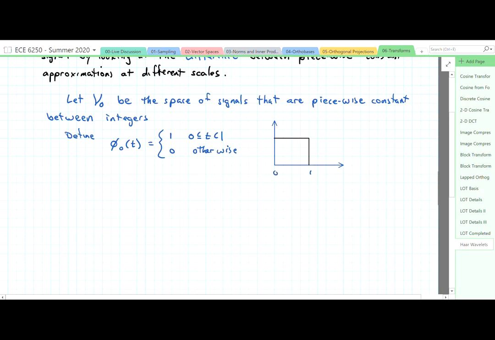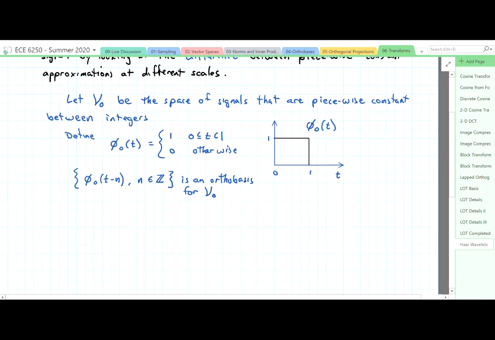So phi 0 of t, and this would shift the versions. This would make a nice basis. And so we can then say that phi 0 of t minus n, where n is an integer, is an orthobasis for V0.